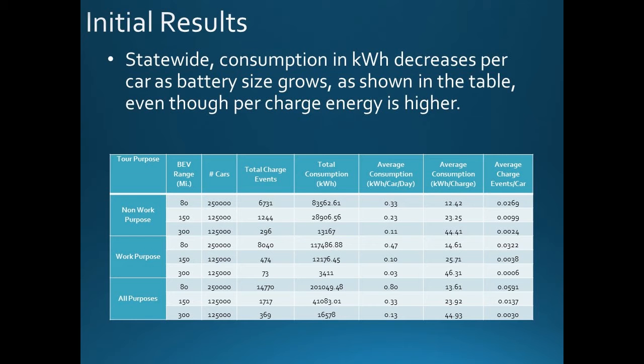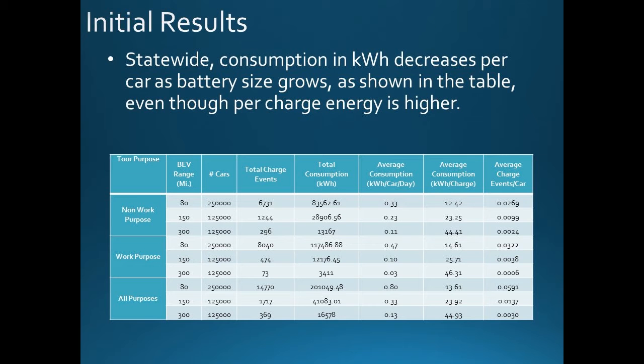The interesting thing is that the average consumption per car per day goes from 0.33 kilowatt hours to 0.11. So as the battery gets bigger, fast charging is demanded less. It's down by a third in terms of kilowatt hours.